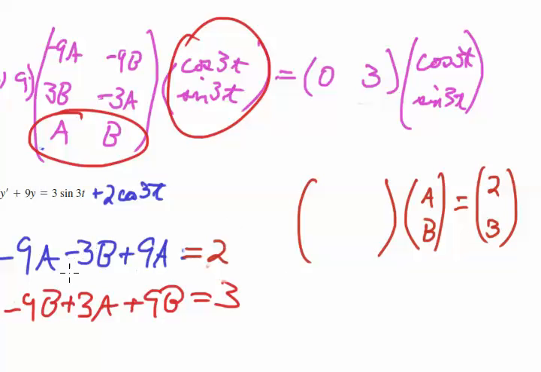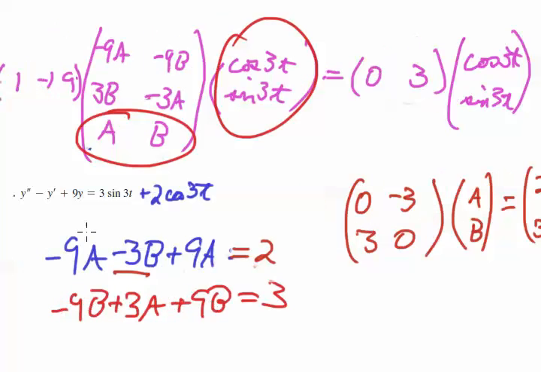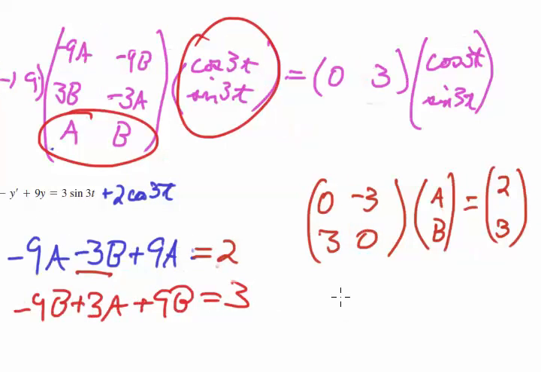So in this one, negative 3b equals 2, and 3a, I guess these both cancel out, so that's convenient too. 3 times a. So this is an unusually simple problem too. So this would have an answer of a equals negative 2/3 and b equals 1.